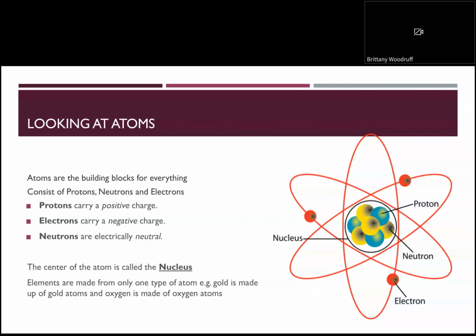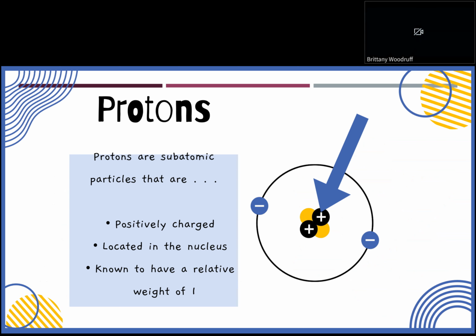At the very center of your atom, you have what's called your nucleus. We're going to see the word nucleus again when we talk about cells. It's just the center. Some of these are in the nucleus, and some are on the outside floating around. The things that are floating around are the electrons. The things inside the nucleus include your protons and neutrons.